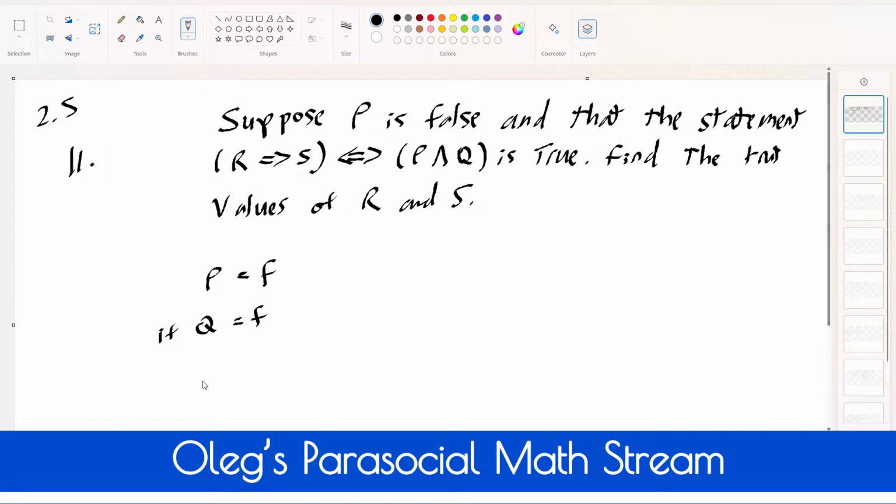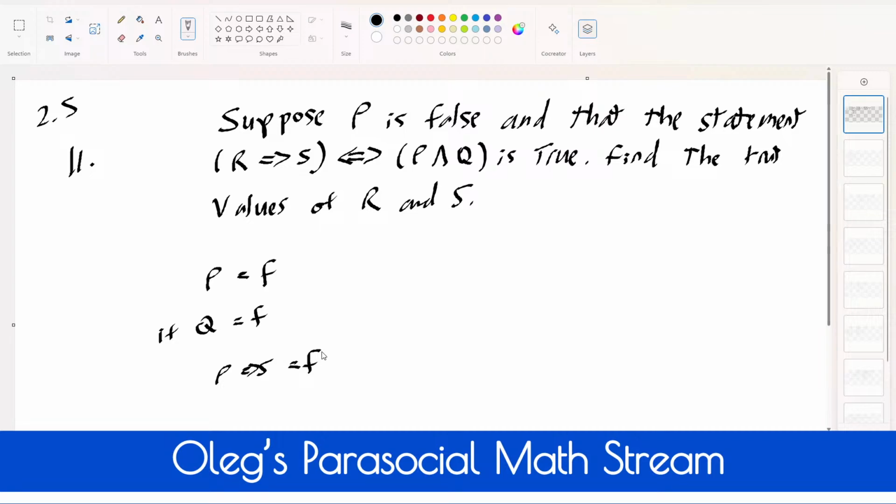P. Okay, so we have, let's say if and only if. So if this is both false, R implies S. If this is false, then that statement is true. Okay.